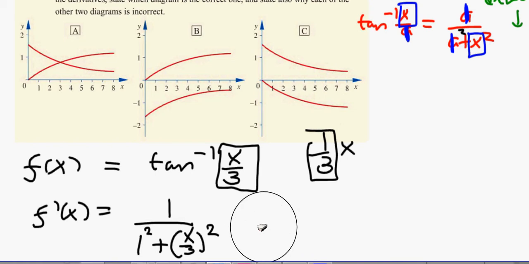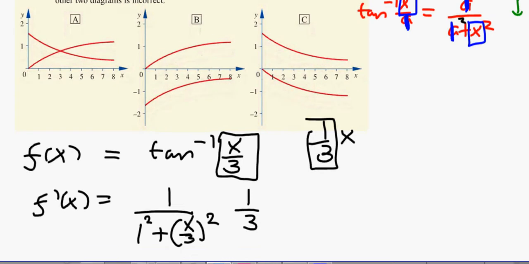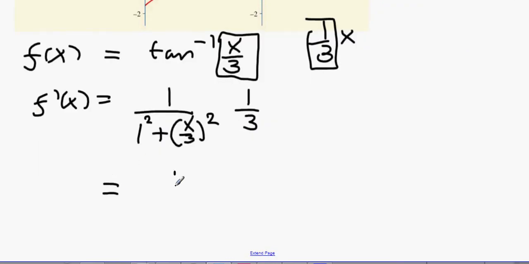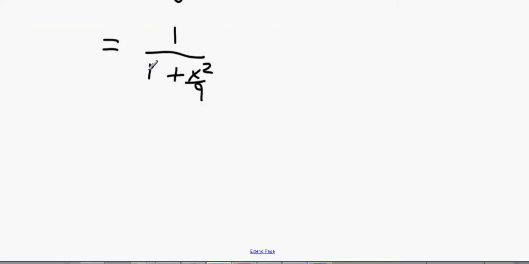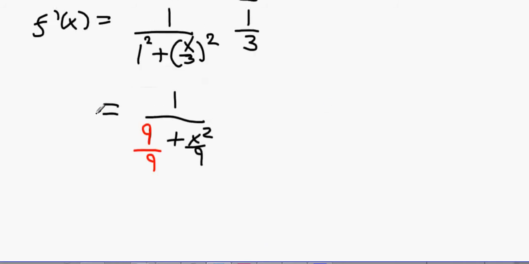So we're going to have a third here, and then 1 divided by 1 plus x squared over 9. Get a common denominator. We make that a 9 and that a 9, and then we have the 1/3 here, and finally we get 1 over 9 plus x squared divided by 9, times a third.